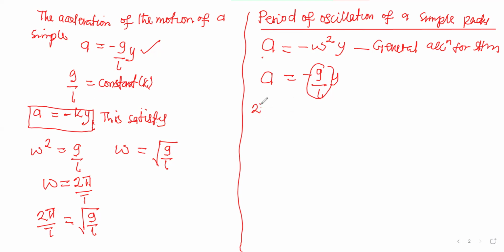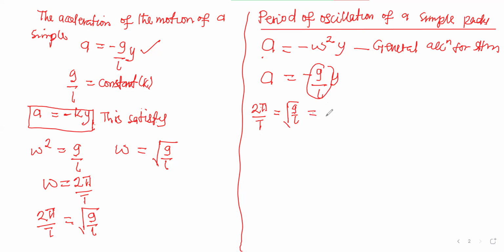So 2 pi over the period is equal to root of g over L. And my interest is to make T the subject. So when I take the reciprocal of the left-hand side, I must take the reciprocal of the right-hand side.